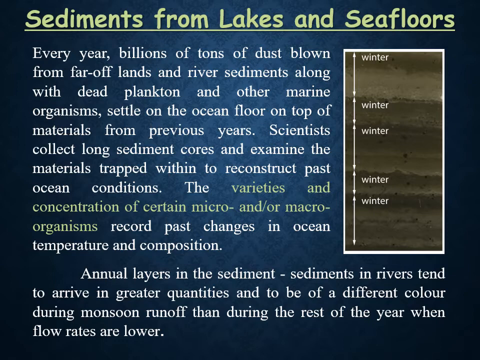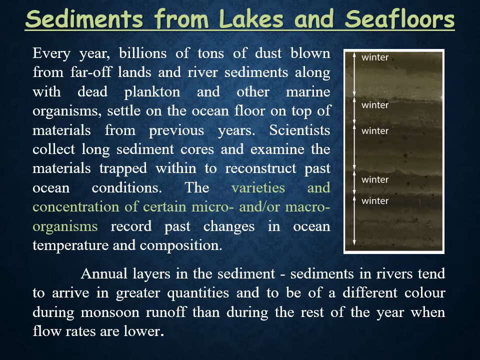So we can see that depending upon the environmental condition within a year, there is variation in sediments found in the basin. During monsoon time, when the water supply is high, when the flow rate within a river is high, it deposits one kind of sediments and mostly these sediments are fresh, light in color and coarser in size.